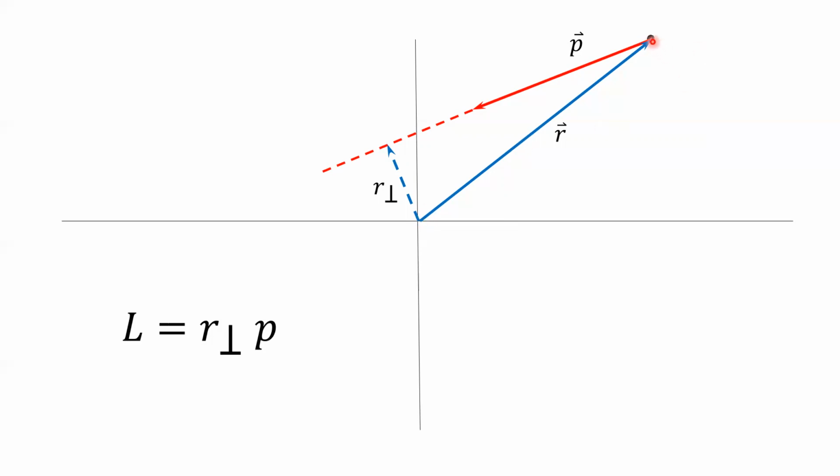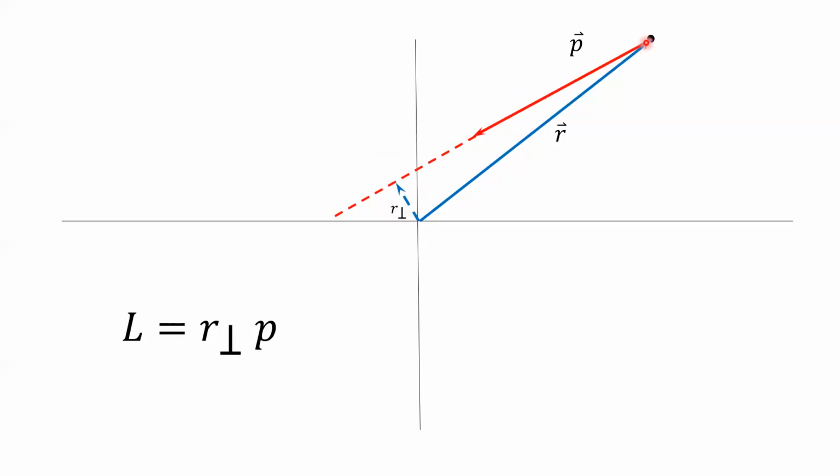Now what if the direction of this particle's course is changed? It gets deflected, and now it's moving down in this direction. See how the direction of the velocity has changed? Look at what happened to R perp. It decreased. This was before, this is after.